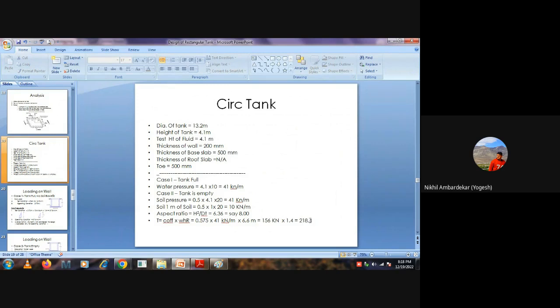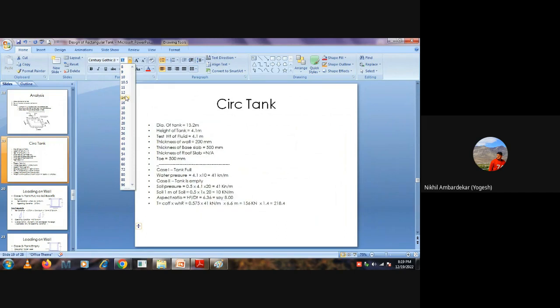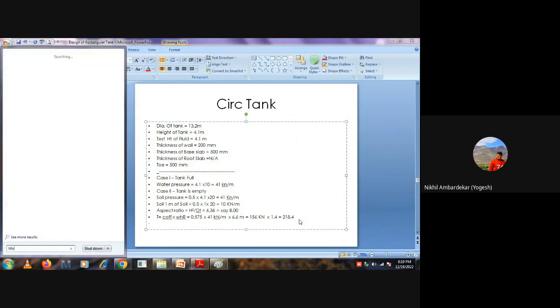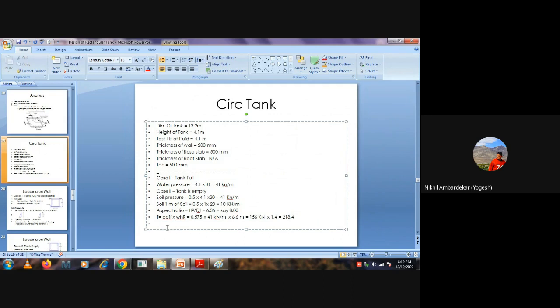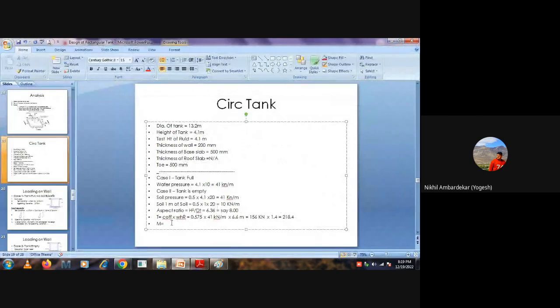I need some space here again, so I will try to reduce the text height. Moment equals coefficient into WH cube. Can you calculate this for me?